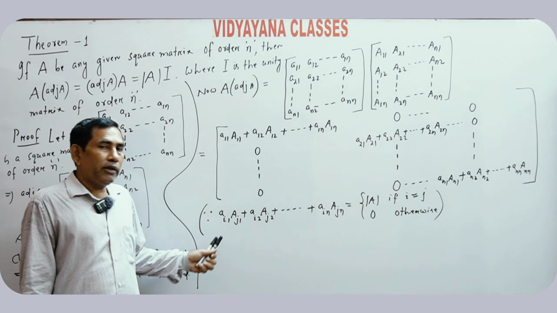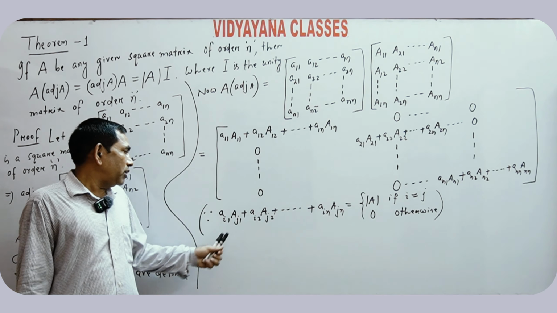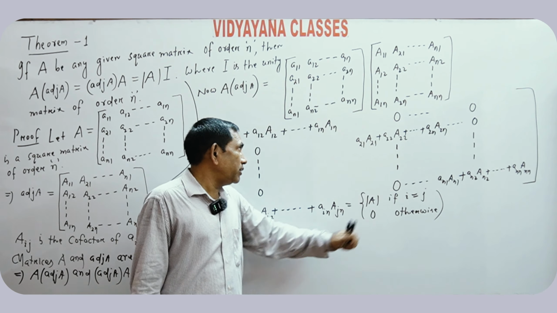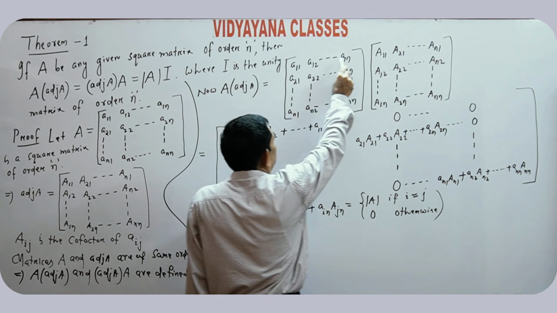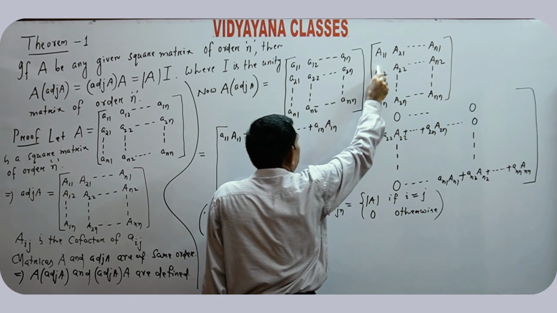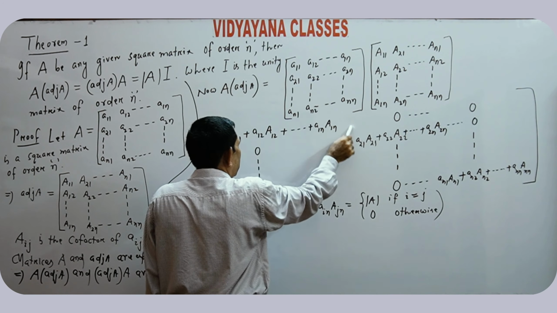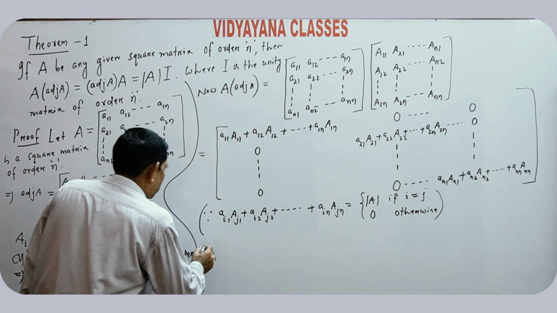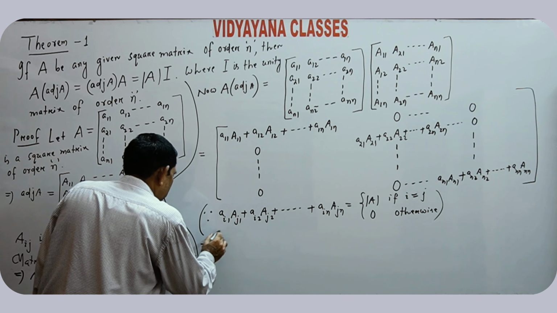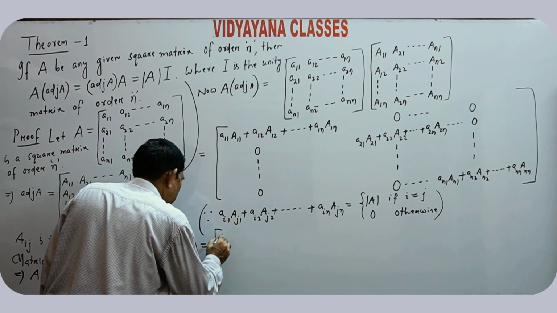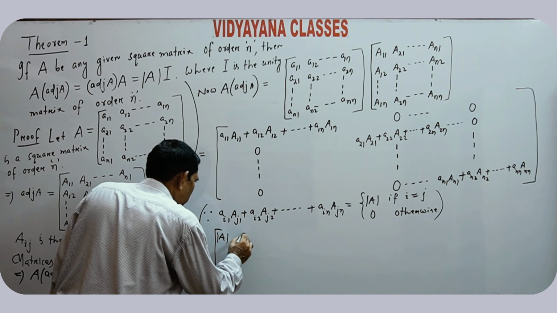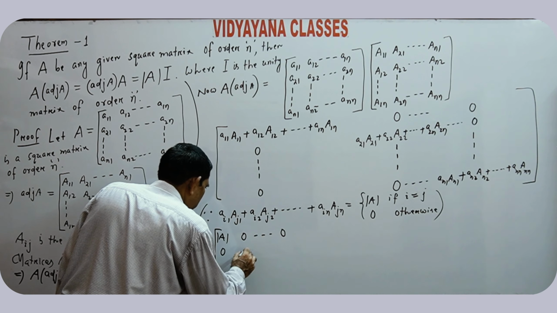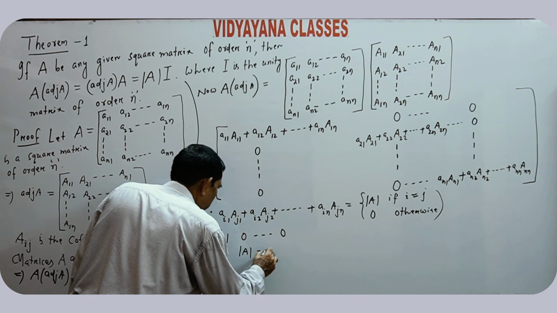Sum of the product of the elements of a row with the corresponding cofactors is equal to the determinant if i equals j, otherwise the result is 0. So it is determinant A, 0, dotted 0, 0, determinant A, dotted 0.